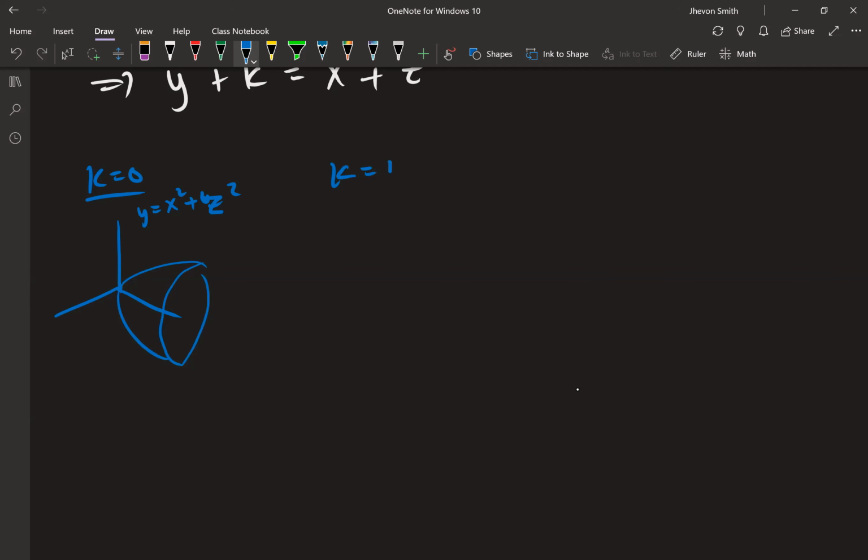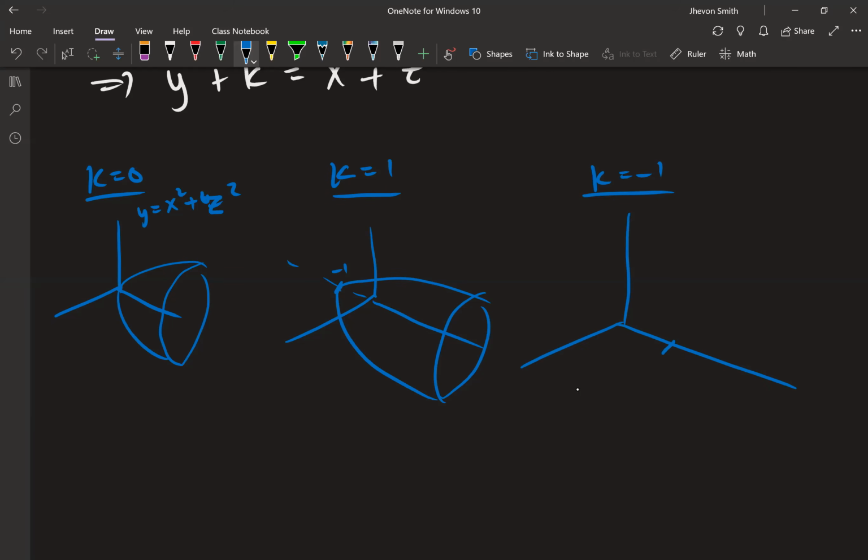Plug in K equals 1. Then that is a paraboloid starting from -1, going up. I plug in K equals -1. That is the paraboloid starting from 1, going up. And so on.